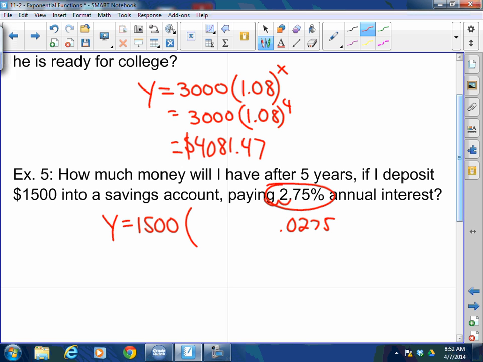That's what you add to 1 because this is a growth. So this is 1.0275 to the x power, which equals the number of years. So that's to the 5th power. And you can see how I would not mind you using a calculator. You can do this by hand. Absolutely you can. But you don't have to.